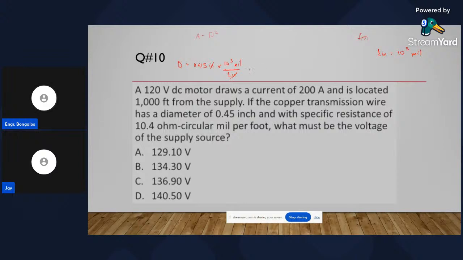So, meron tayong 0.45 times 10 raised to 3 mils. Then, yung area naman is just D squared. So, 0.45 times 10 raised to 3 mil raised to 2. So, magiging sagot dito is in terms of circular mils. So, magiging sagot natin is 450 circular mils pala, sorry.